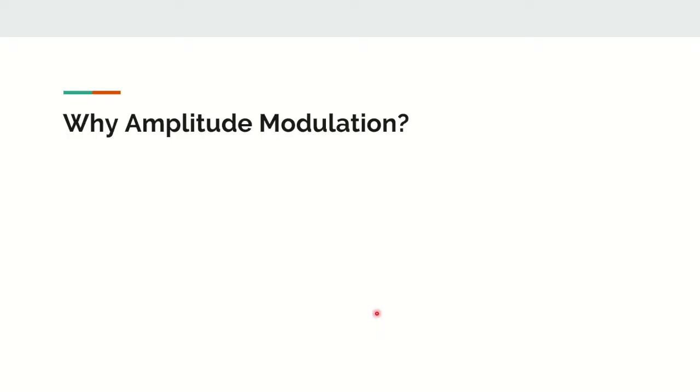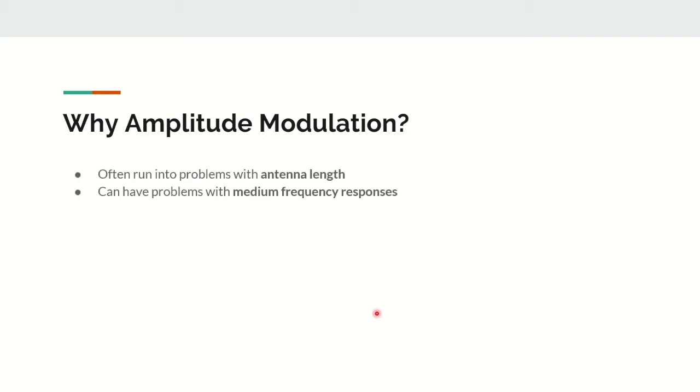Why amplitude modulation? Amplitude modulation is an important process for making signals more versatile and easier to send. In cases in which we don't modulate our signal, we run into problems with antenna length, in which we have to have unreasonably long antennas in order to receive or send our signal.